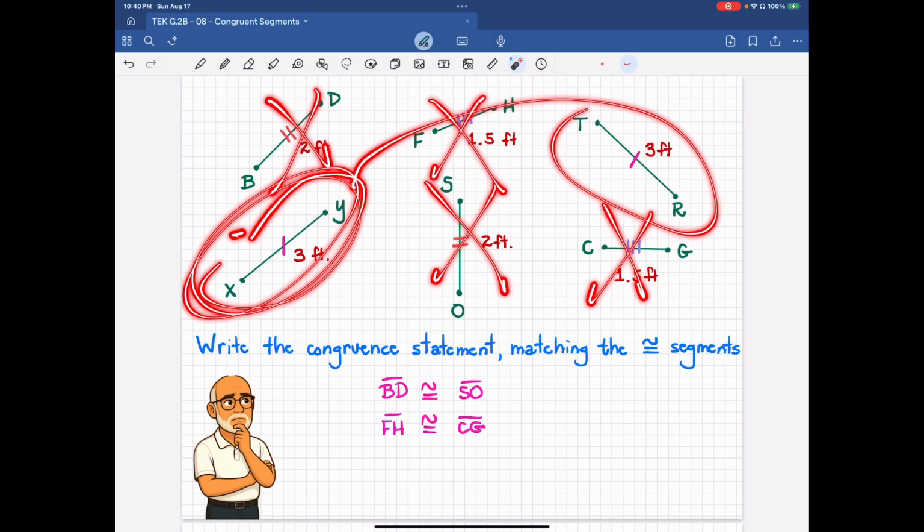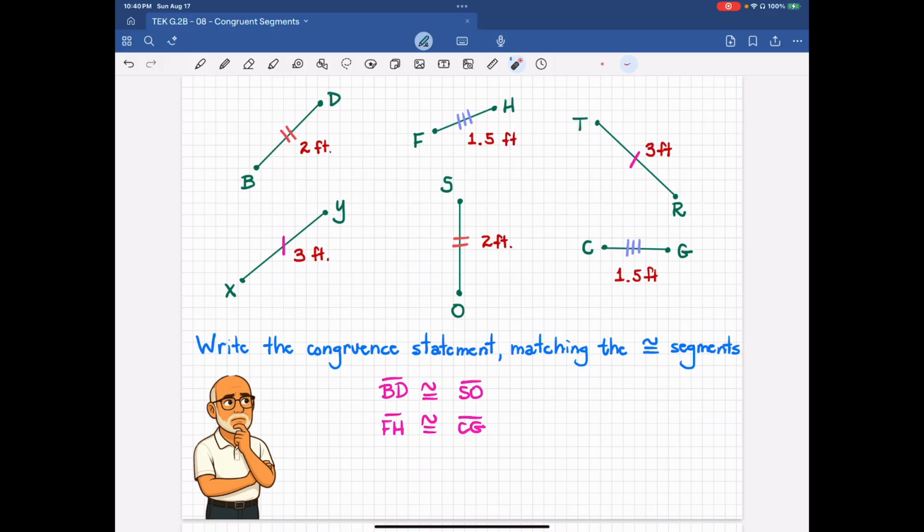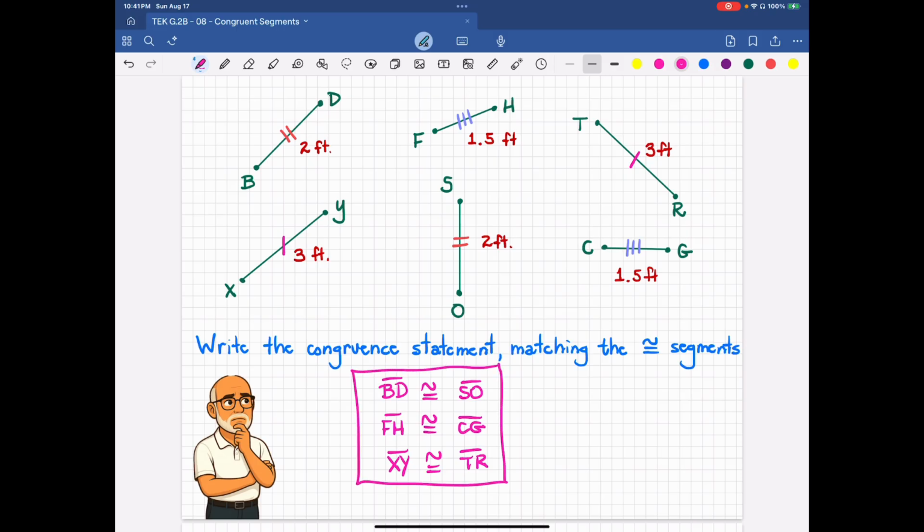So these 2 are the ones that are congruent. So I'm going to write the congruent statement to be XY is congruent to TR. These are my answers. I'm going to box them in, and we're done with the problem.